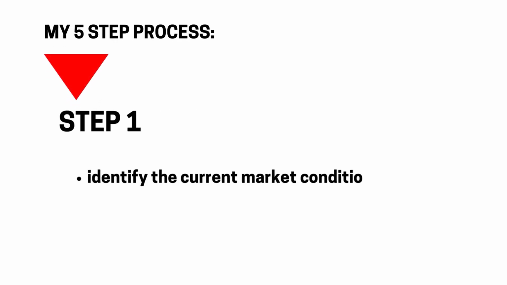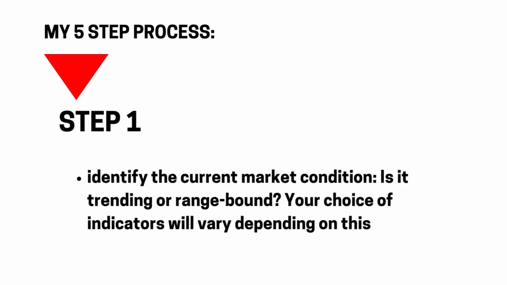Now I've put together a simple 5-step process to help you get this problem sorted. Step 1 is to identify the current market condition. Is it trending or range bound? Something like the DMI indicator is very good for that. Your choice of indicators will vary depending on this, and the rule here is don't backfit the information. Don't make it work just by fixing those indicators.